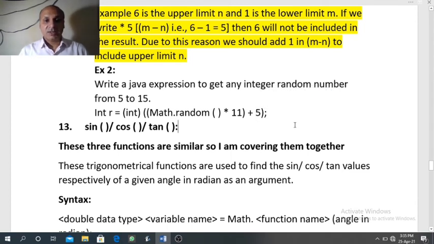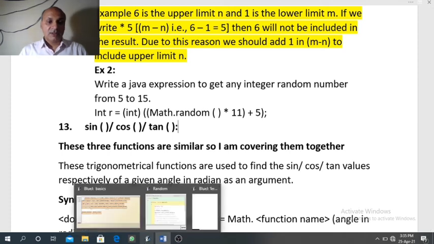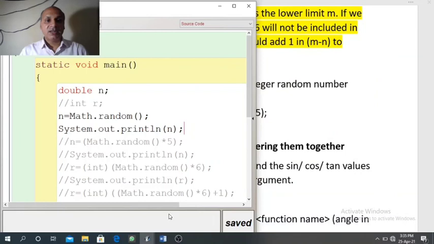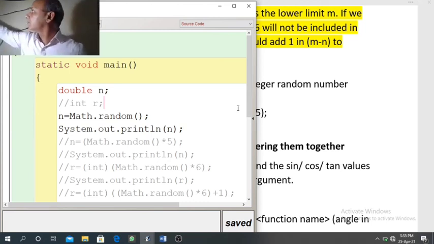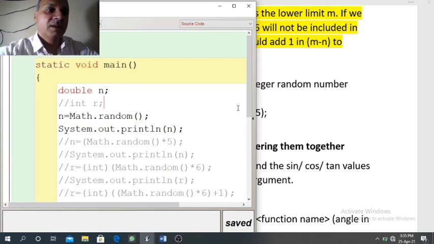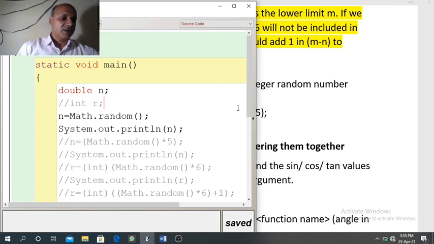Now I will explain the random function with a program that I have already designed in my computer. You can see here. We have a variable double n here that will store the result.